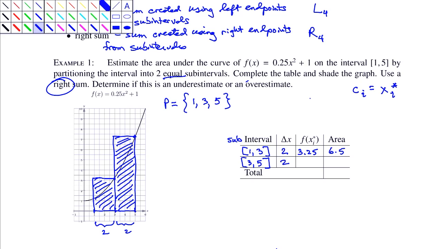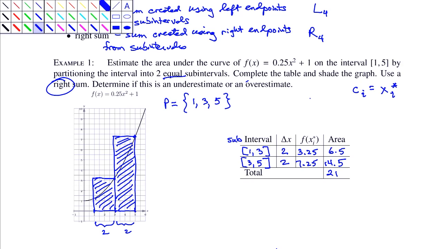On the second subinterval, xi star is the right endpoint again. That's a 5. We go up to the function value. The function value is 7.25. Multiply to get the area of this rectangle. That would be 14.5. So the total covered is 21. So our first estimate for the area under the curve is 21.